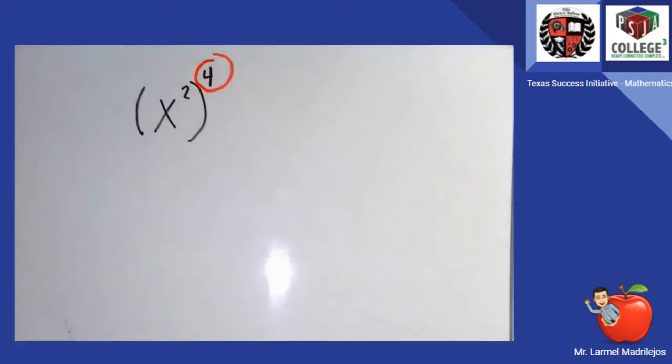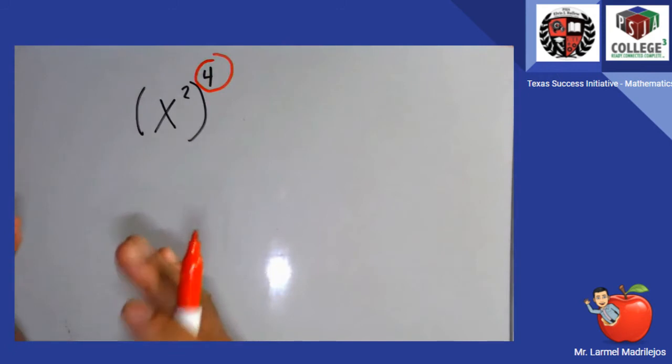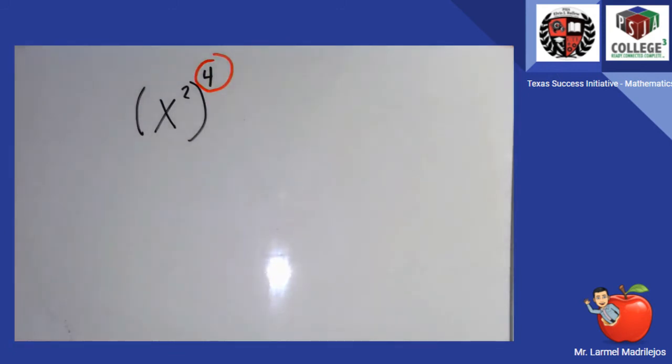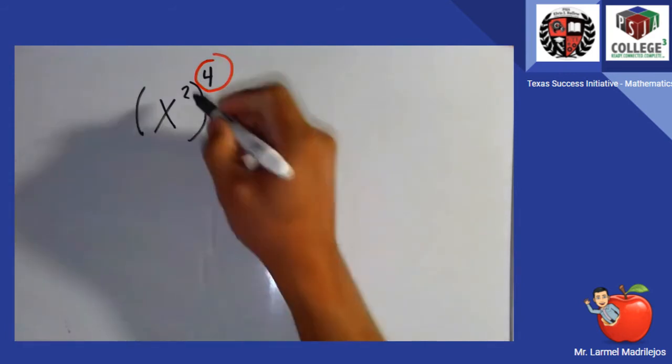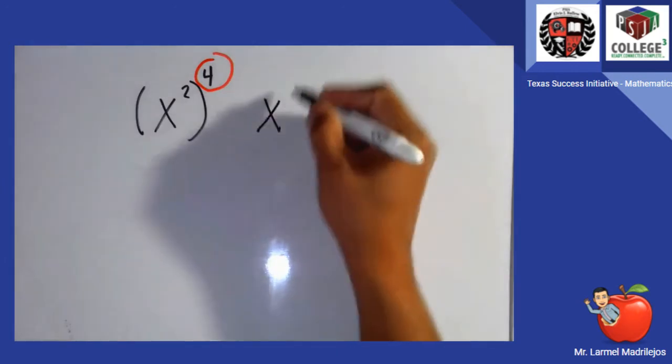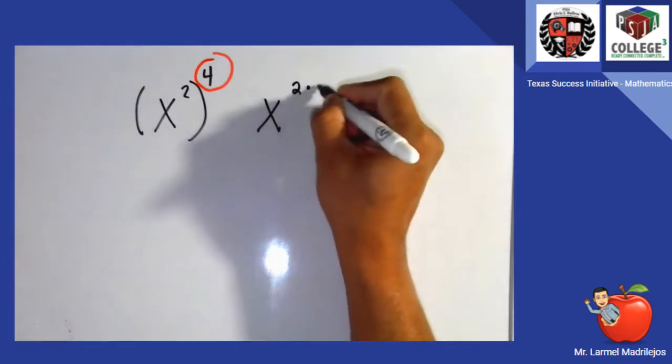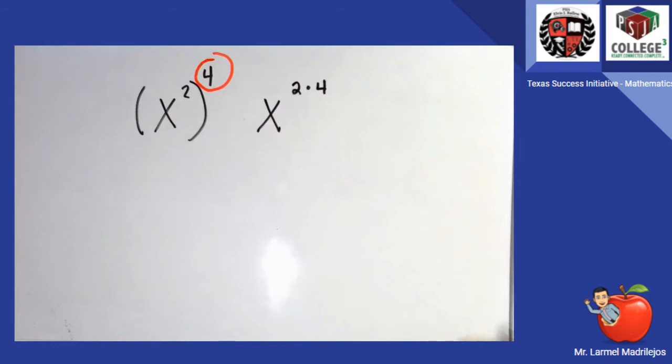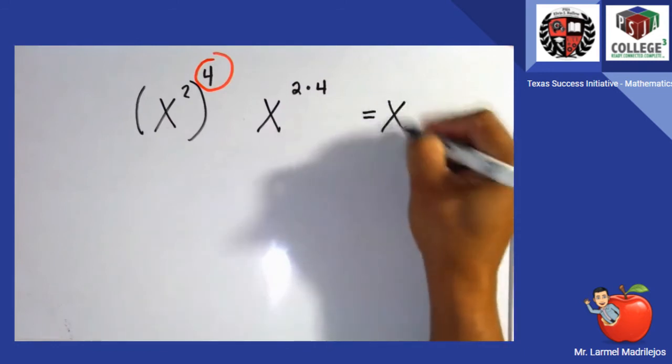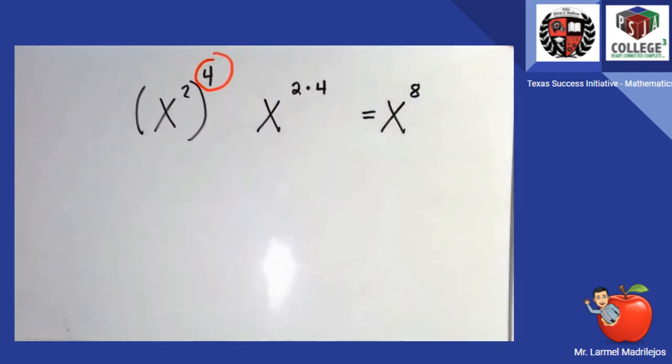It's a group of variables raised to an exponent. So this time, if it's the power rule, we multiply both exponents. It's going to be x raised to 2 times 4. It's going to be x raised to 8.